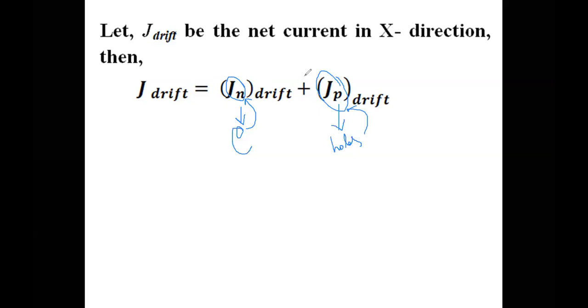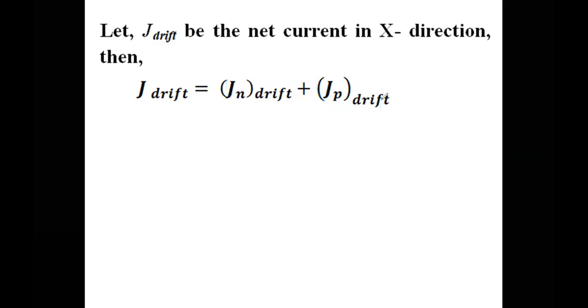These two constitute currents within the electric field, so I am calling it drift current because there is an electric field present in your material. When you apply the electric field, then you will get some current. That current we are calling drift current density. And this drift current density is due to electrons and due to holes. The resultant drift current density is J suffix n drift plus J suffix p drift.